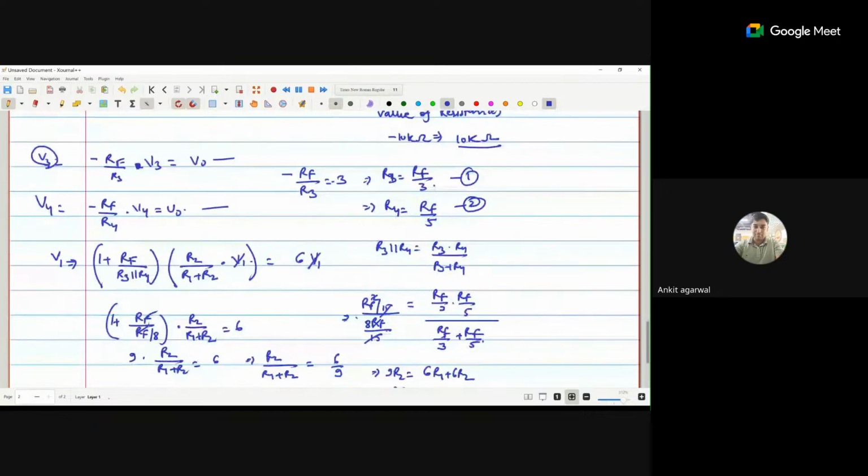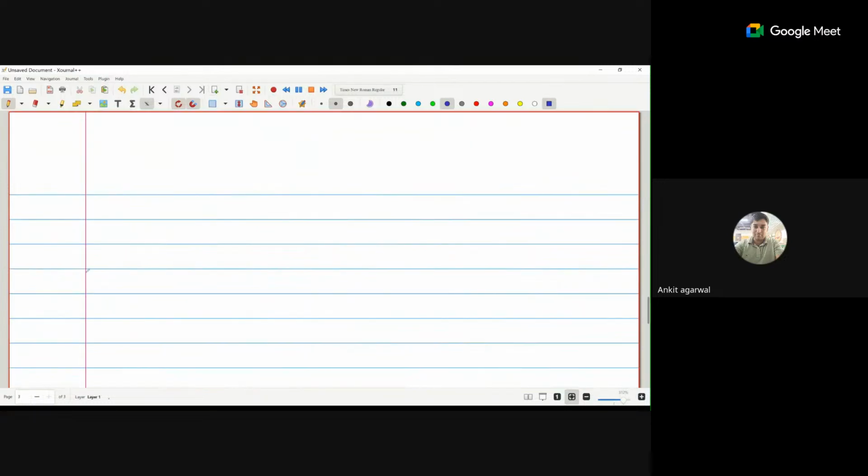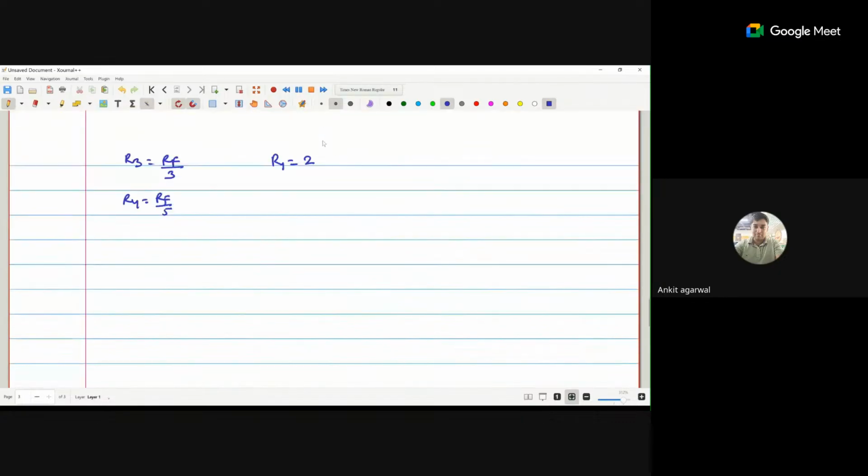So we have R3, R4, and R1, R2. R3 is RF by 3, R4 is RF by 5, and R2 is equal to 2R1.